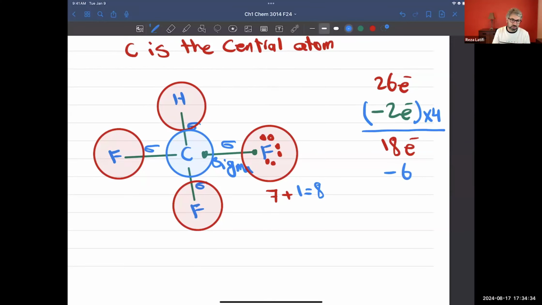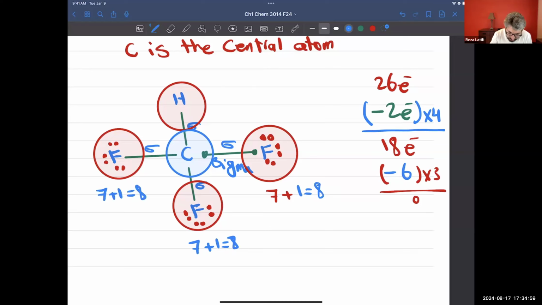I repeat this for the rest of the fluorines, 3 times, and I'm done. I don't have extra electrons. If you check the fluorines, you go 7 plus 1, 8, 7 plus 1, 8.